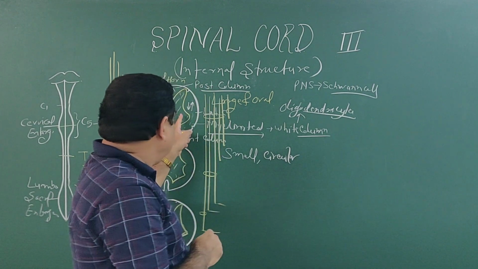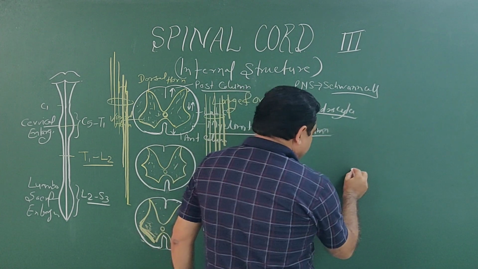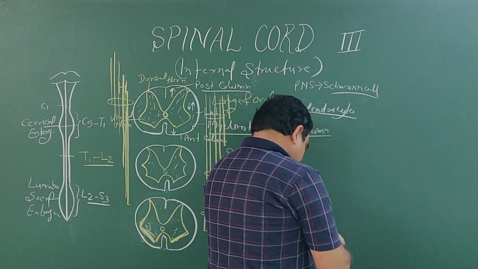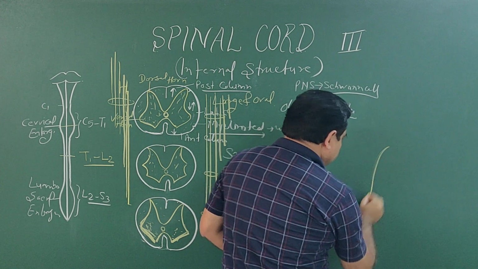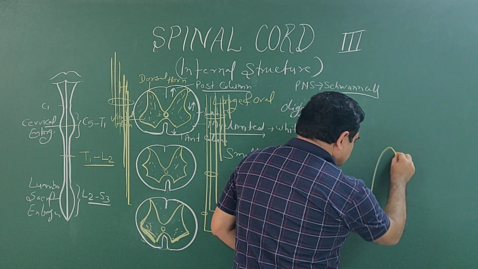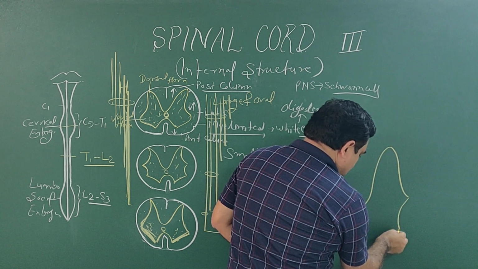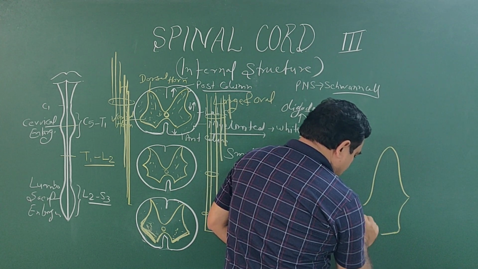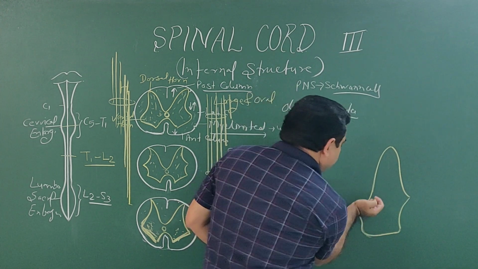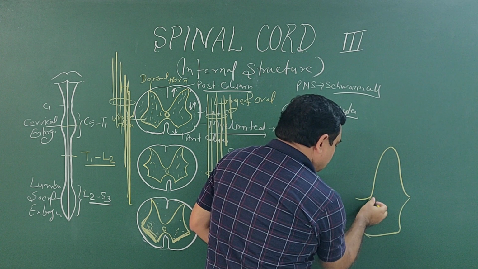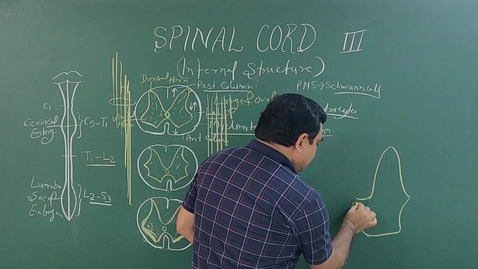Now, if you see the gray matter, this is the gray matter of one side, and here is the position of the central canal.